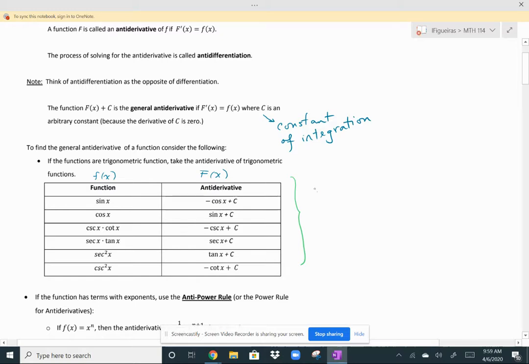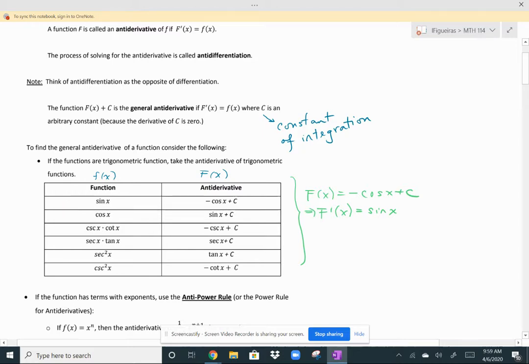That is because if F of x equals negative cosine of x plus c, then capital F prime of x, well, what's the derivative of negative cosine of x? That's just sine of x, and the derivative of a constant is zero, so that's where that comes from. And the same is true for everything in this table.